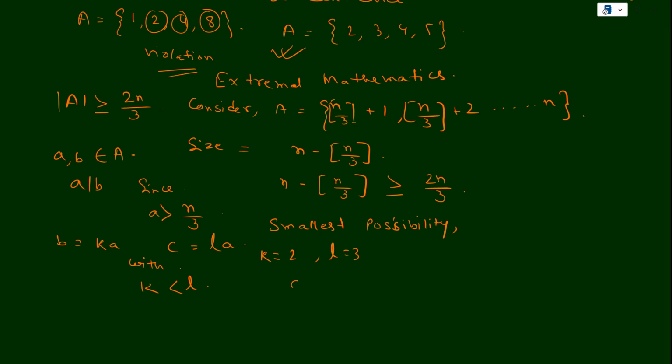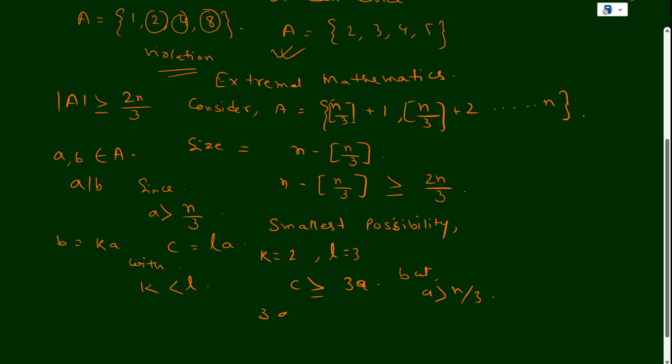So we can say that c is greater than or equal to 3a, but a is greater than n by 3, right? Therefore, we can say 3a is greater than n. So impossible, because every element lies inside 1 to n, right?